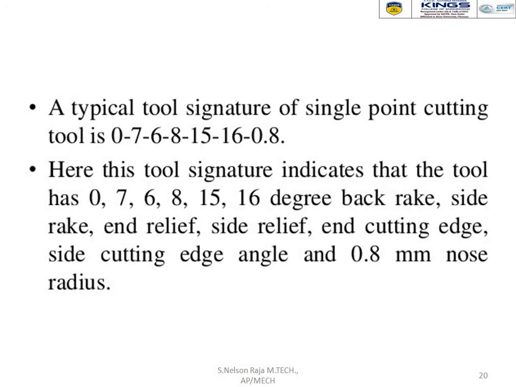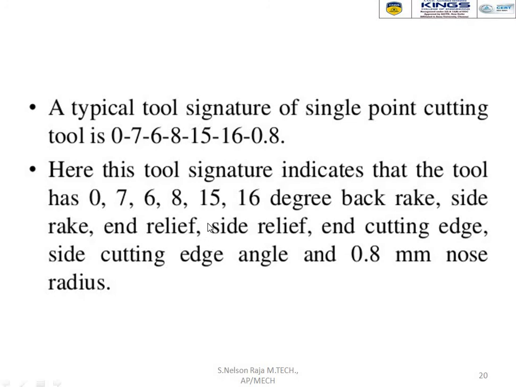Here the tool signature indicates that 0 is the degree of back rake angle, and 7 the side rake angle. 6 indicates the end relief angle, 8 the side relief angle, 15 the end cutting edge angle, and 16 the side cutting edge angle. The last one, 0.8, indicates the nose radius.